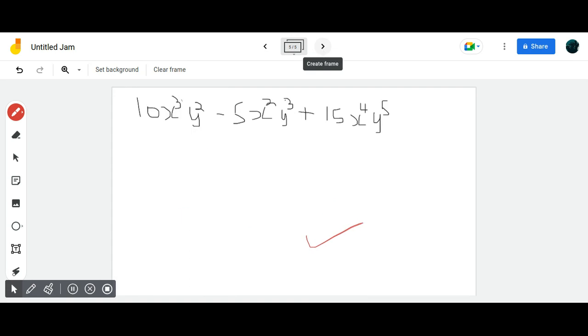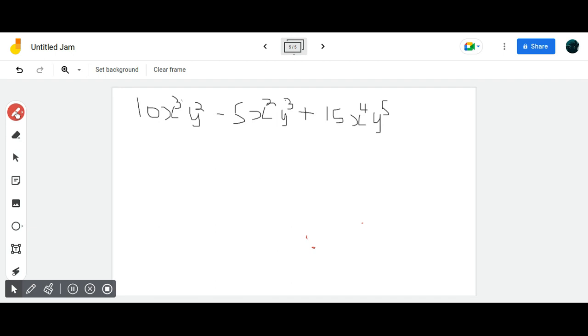Now, moving on to a more difficult question, and honestly, I can attest that this question is not a walkover in terms of factorization, but it's just the same principle. It might look a bit scary, but it's the same principle you're going to apply in order to solve. So, firstly, identify the highest common factor, right?